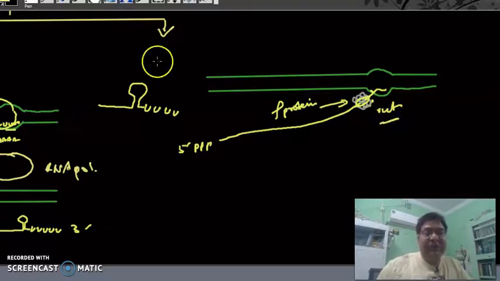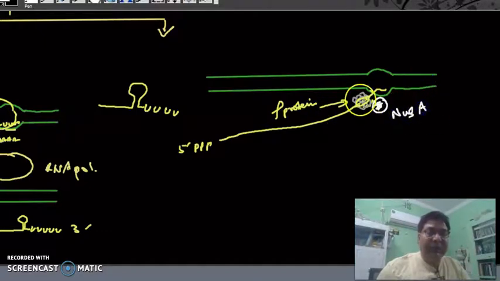And at the same time, when this is going on, another NUS protein called NUS-A comes and associates with the RNA polymerase and these rho proteins. This is RNA polymerase.